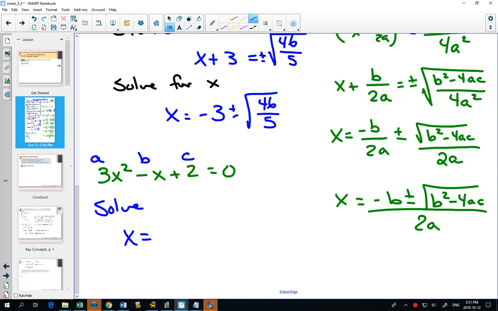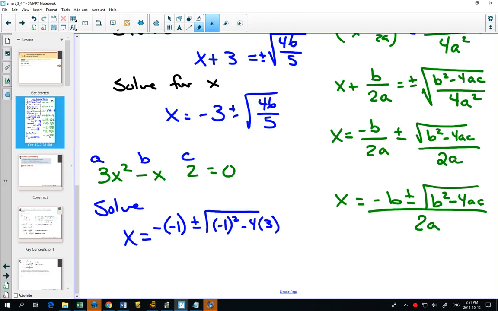My formula says negative b, so negative negative 1, plus or minus the square root of b squared, negative 1 squared, minus 4 times a is 3, c is 2. Oh, I'm going to change c. Okay, I'm going to just change c to a minus 2.